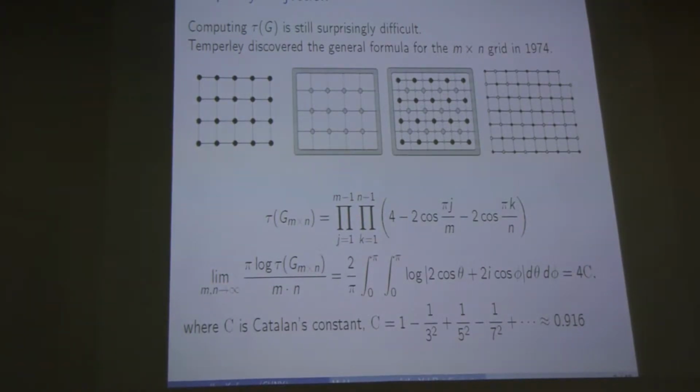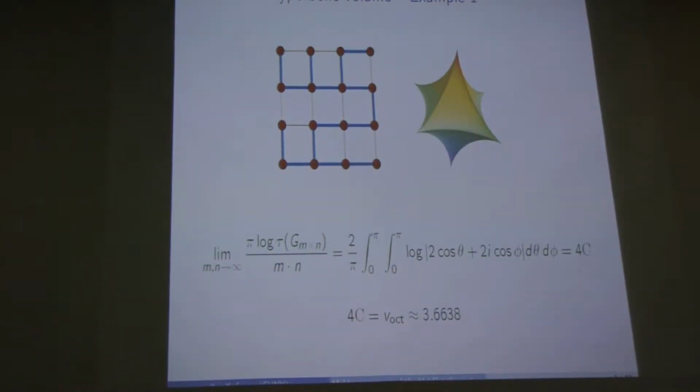And that number turns out to be 4c, where c is Catalan's constant. Okay? So this 4c is also the volume of the hyperbolic regular ideal octahedron. And so the spanning tree entropy of the square grid is given by the volume of the hyperbolic regular ideal octahedron, a certain hyperbolic volume.